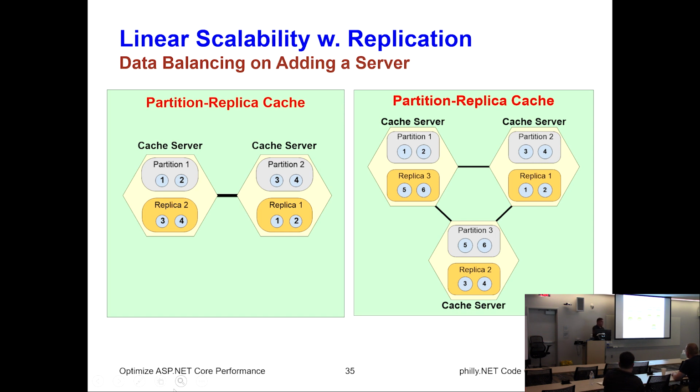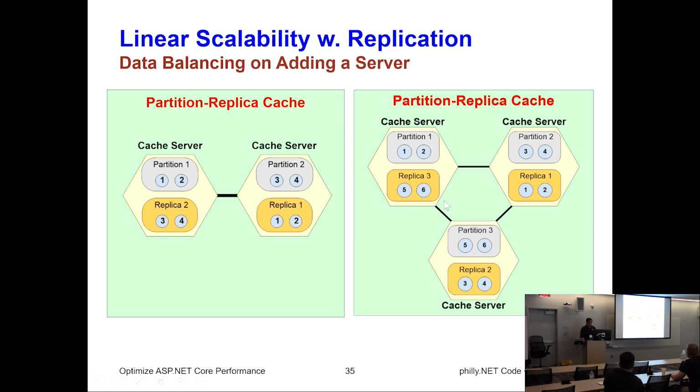But it's even more important when you're dropping a server, because dropping could also happen because of a server crashing. So when you're in a 3 server configuration, let's say server 3 goes down, now partition 3 is lost. What NCache will do is it'll immediately make replica 3 active because that has a copy of partition 3.